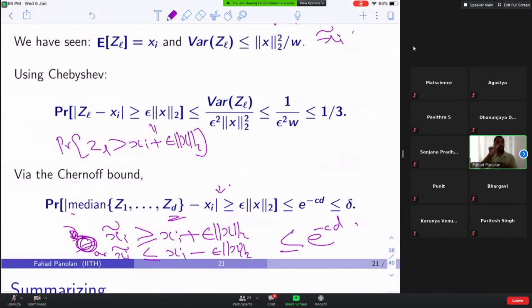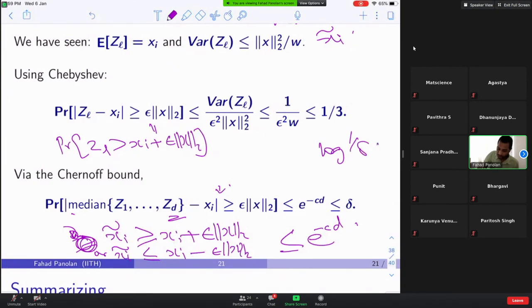Okay. So this will be upper bounded by e to the power minus some constant times how many estimates you took. If you work out the details, that is what it is: e to the power minus some constant, 1/4, or I don't remember what that constant is, times d. d is the number of estimates you took. And what is the number of estimates you took?